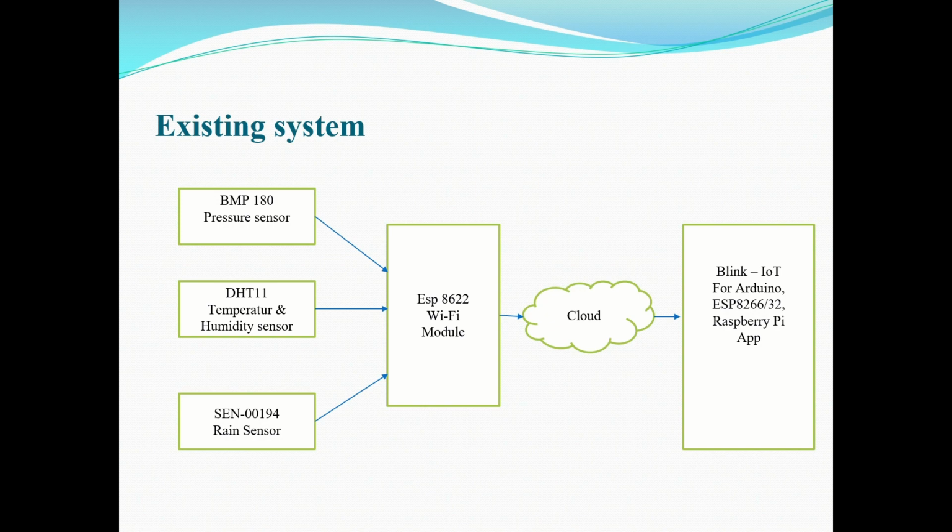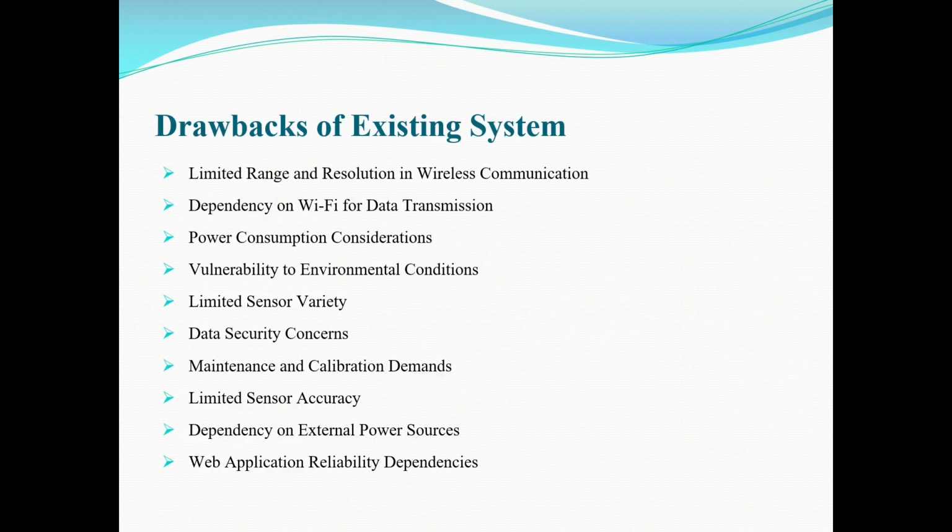These sensors sense the data, and this data is transferred through a cloud platform to the users through Blynk IoT. It displays the values in a graphical representation. These are some of the drawbacks of the existing system.